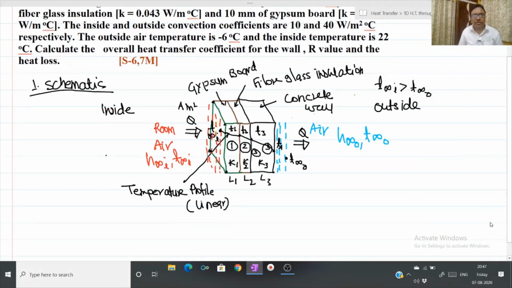So we could represent different temperatures, thermal conductivity, thickness, convective heat transfer coefficients of hot and cold fluid, their temperatures and temperature profile.